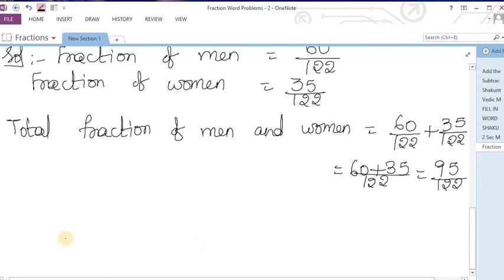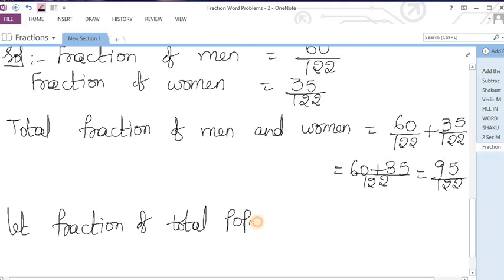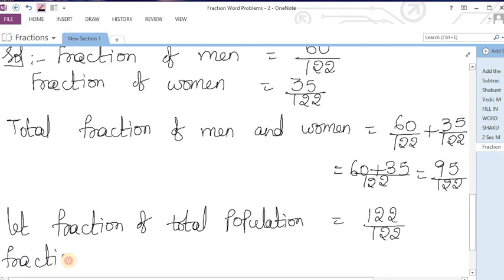Now here I am thinking that 122 by 122 is the total population. Let the fraction of total population be 122 by 122. Now I should find out the fraction of children.